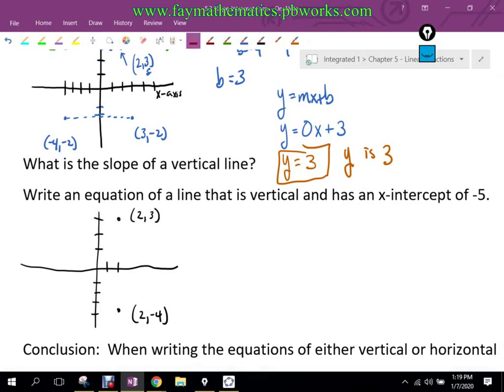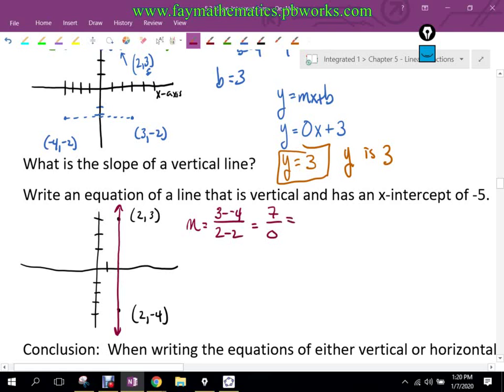Okay, and I asked you to find the equation of that line right there. Well, to find an equation of a line, I need m, right? Let's go ahead and find m of this. I go 3 minus -4 over 2 minus 2, right? We get 7 over 0.